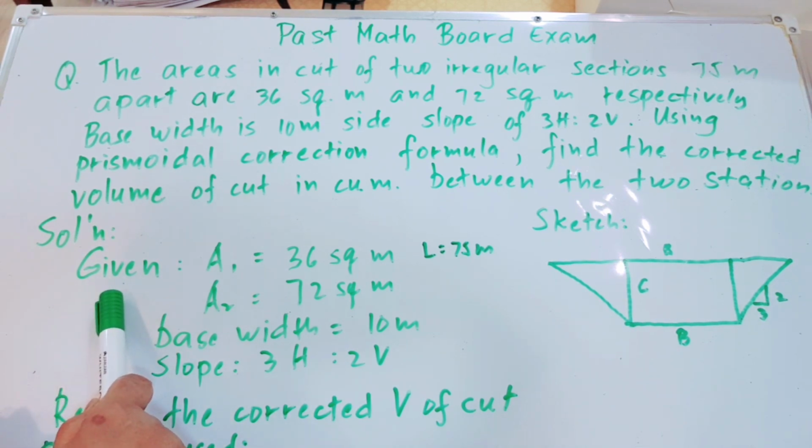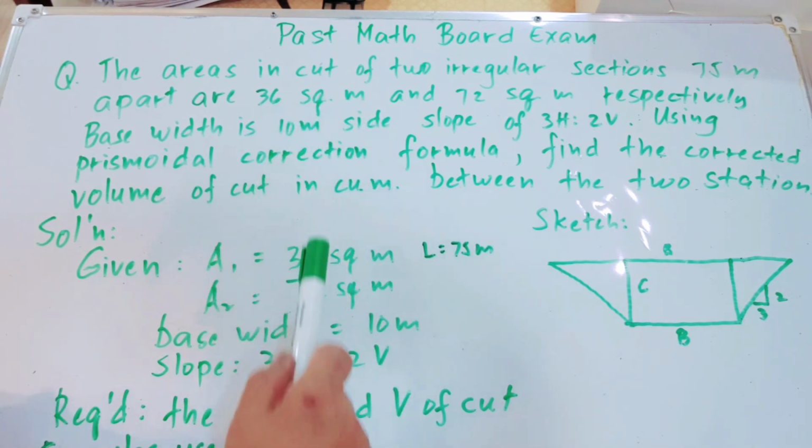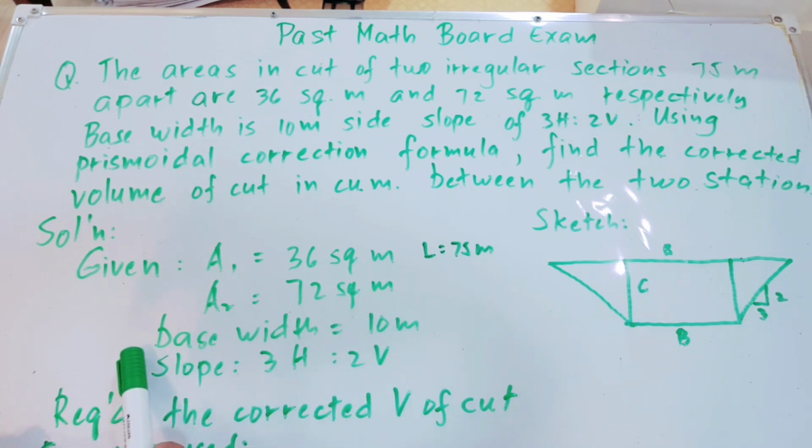Now, we have the given here. Area 1 is 36 square meters, and area 2 is 72 square meters. The base width is equal to 10 meters. The slope is 3 horizontal to 2 vertical.